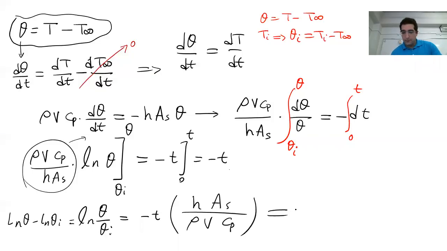Now, in the next slide, I'm going to show that natural log of theta over theta I, this is theta I, equals minus t times a constant inside the parenthesis.